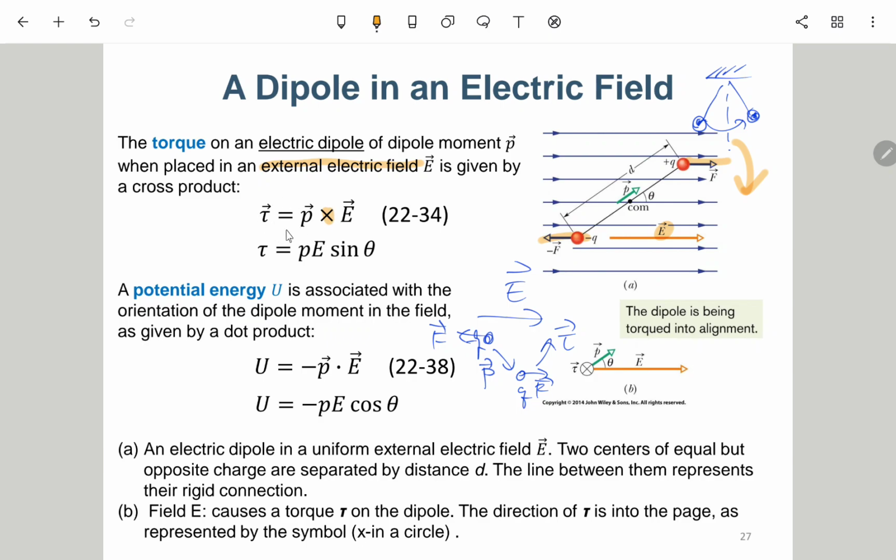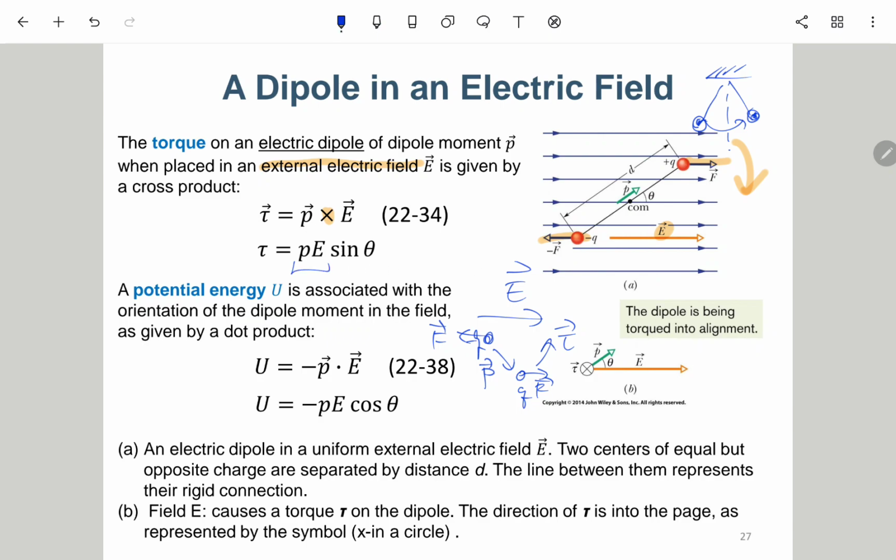Okay. So actually, for the cross product between two vectors, the magnitude will be the magnitude of P multiplied by the magnitude of E, and then times sine of theta. So this is the magnitude of tau.